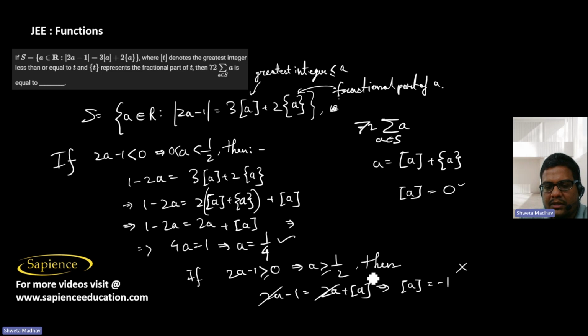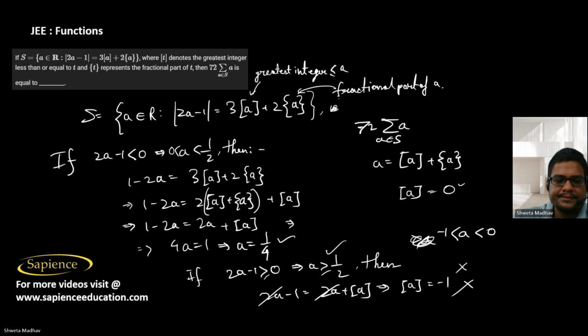Since if bracket a is minus 1, then a should be slightly more than minus 1 and less than 0. But here we have assumed that a is more than half, so which can't be.